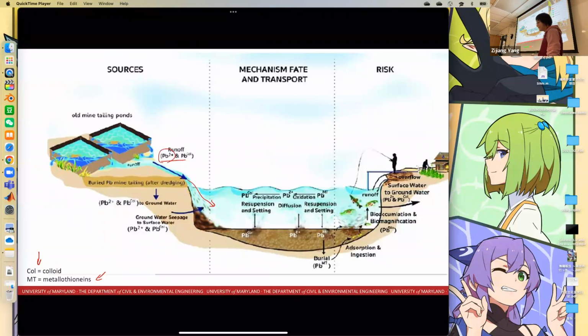When it goes to the river or the lakes, it may form colloid, and it may also form the organic form. Once it is in the organic form, it can be uptaken by small animals or the plankton in the environment and then by the fish. And finally, it could be uptaken by humans, which is bad.